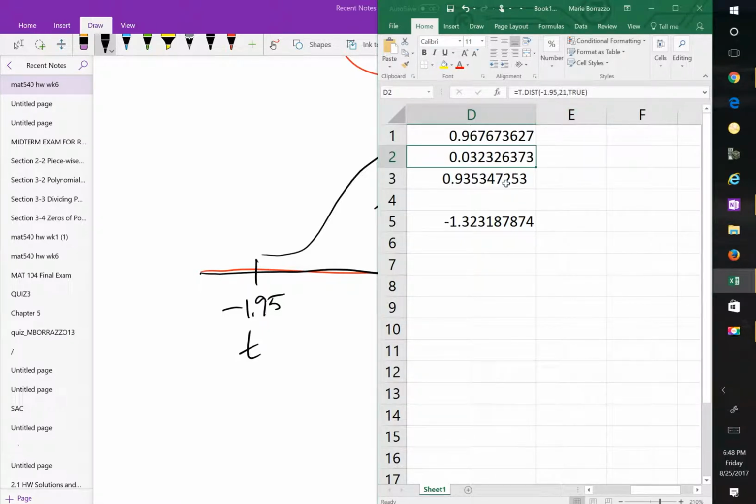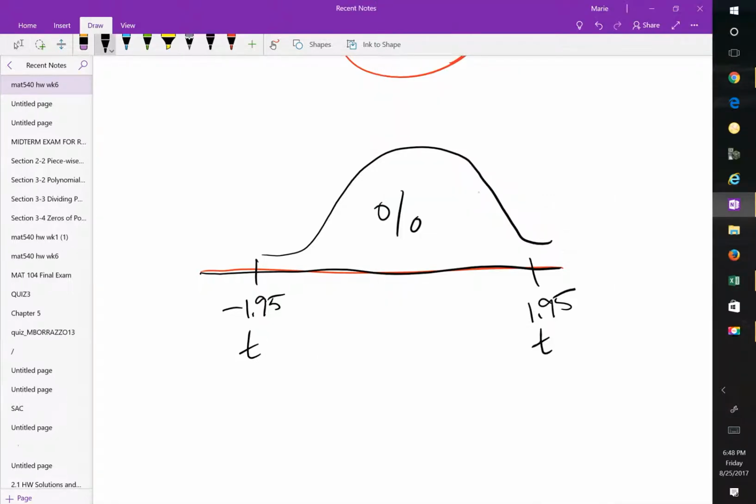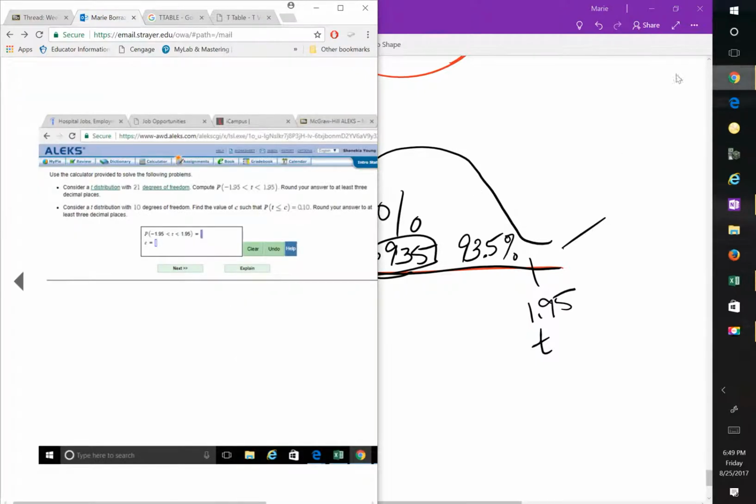So the value in between is 0.935, and that is what you should be answering in this box right here. So basically 3 decimals, that's your answer. It's the equivalent of 93.5%. Everything else is split directly in half over here on this side of the tails.